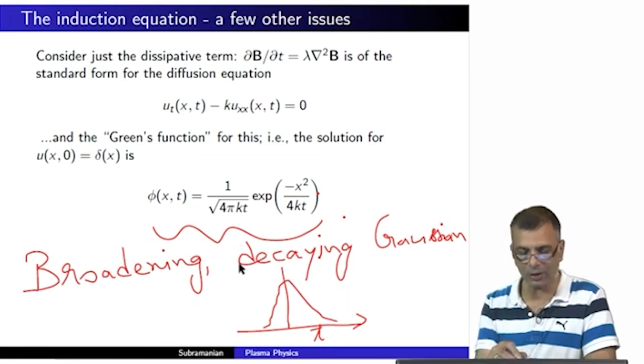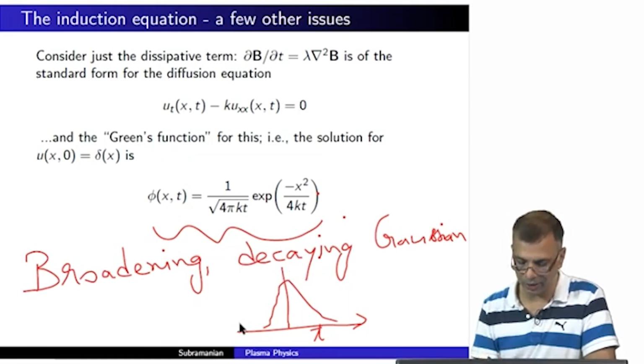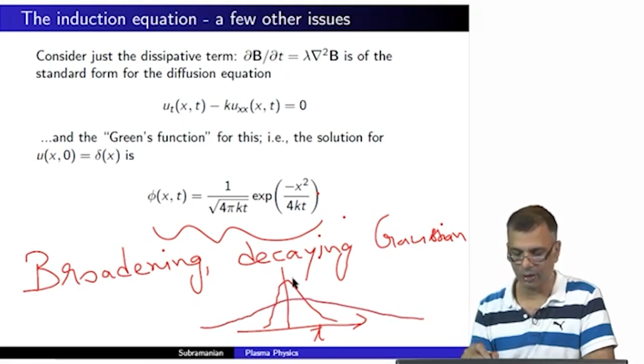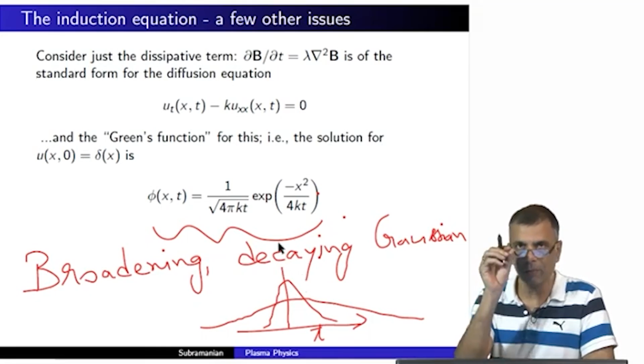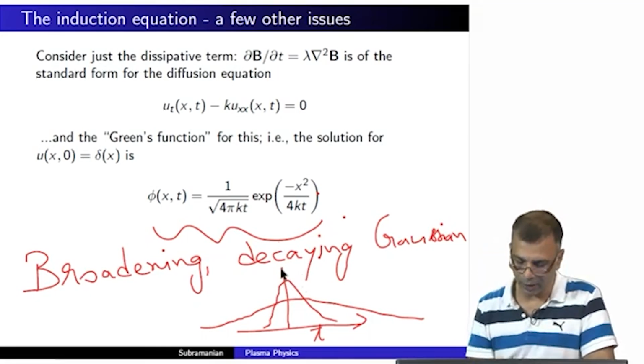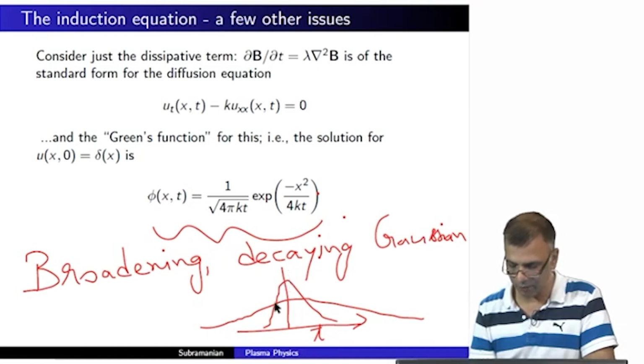And what does this represent? This represents the magnetic field. At a still later time, it looks like this. In other words, you started out with a point-like magnetic field, as time progressed the magnitude of the magnetic field decreased and it broadened, and as time progressed even more, the magnitude decreased even more and it broadened even more.